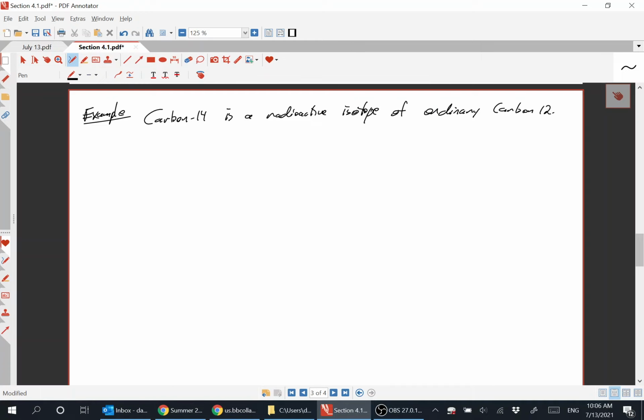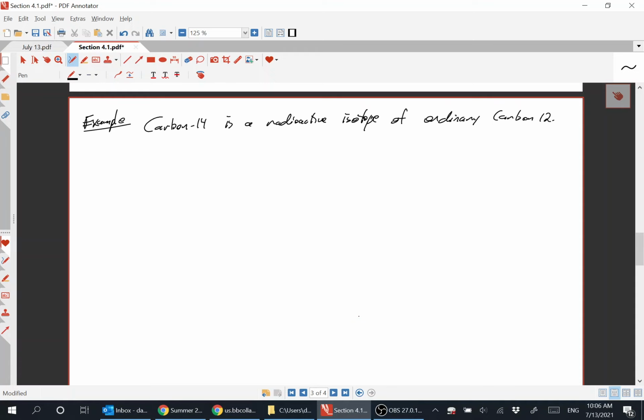And one parameter that's often associated with radioactive isotopes of elements is something called half-life. The half-life of carbon-14 is 5,730 years.